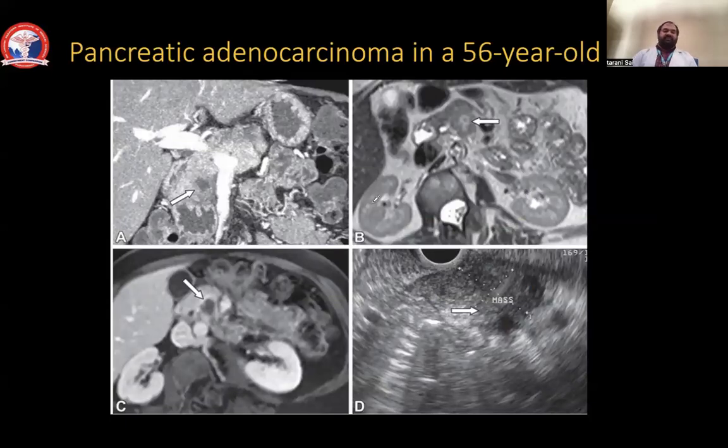The first image is a CECT taken in the coronal reformat, in the venous phase, showing an ill-defined mass noted in the head and uncinate process causing the double duct sign. And the D image is an endoscopic ultrasound showing the mass.